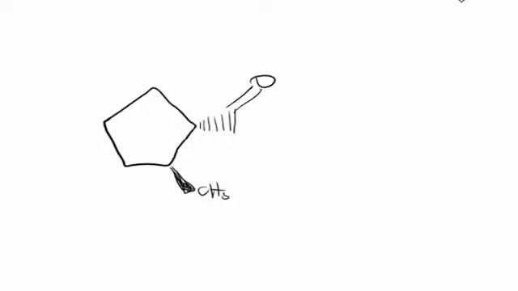If I have this, and then I have this, so this is CH3 and this is O, this is H. If I have a compound like this, now remember that my priority should be at this point where I have my functional group.